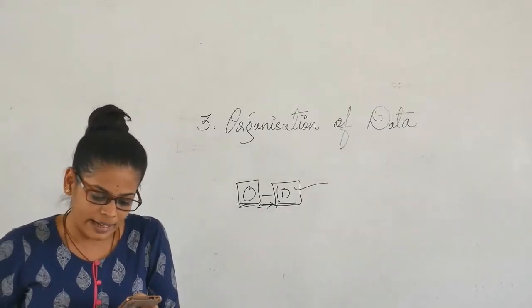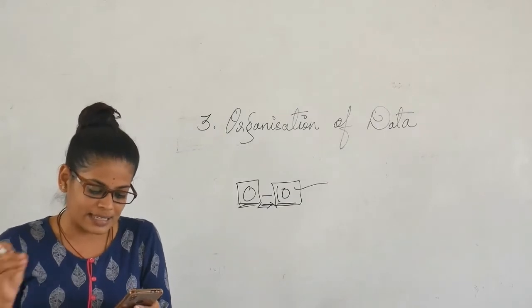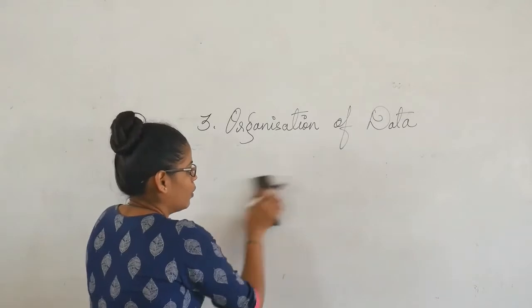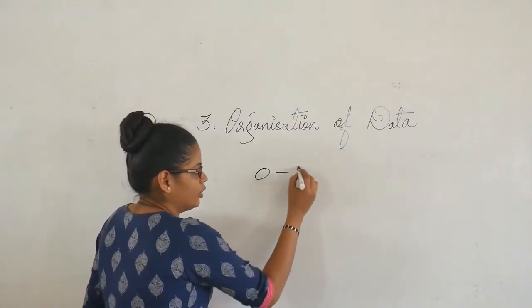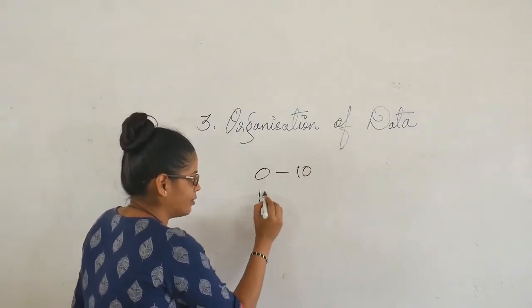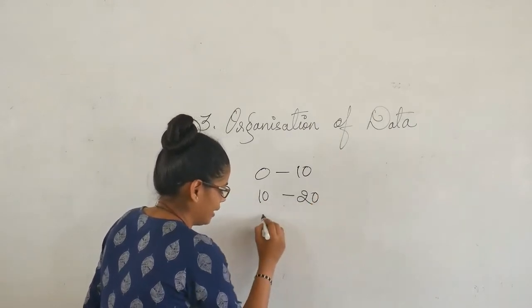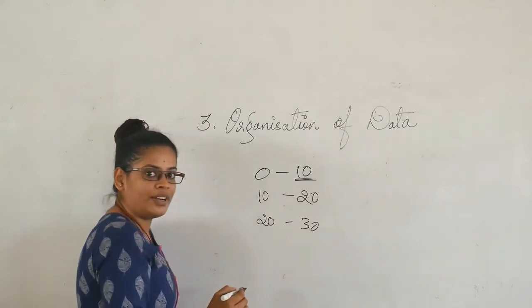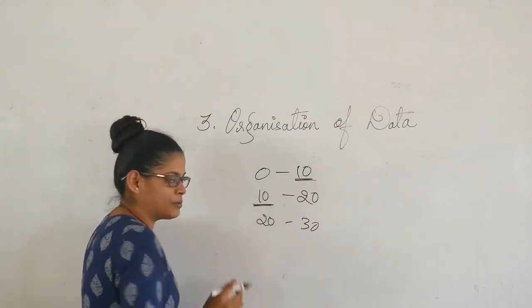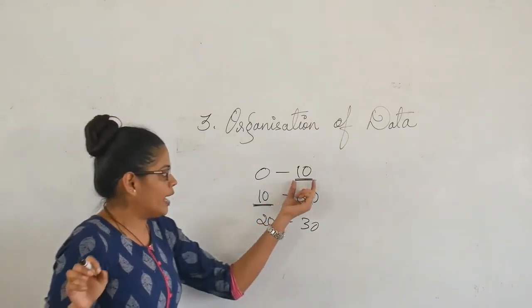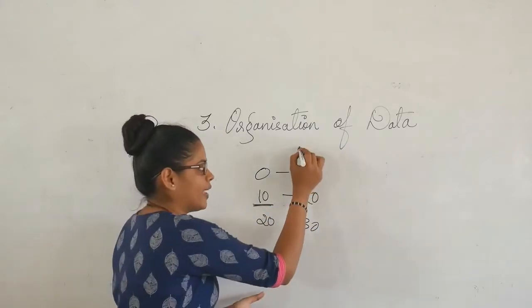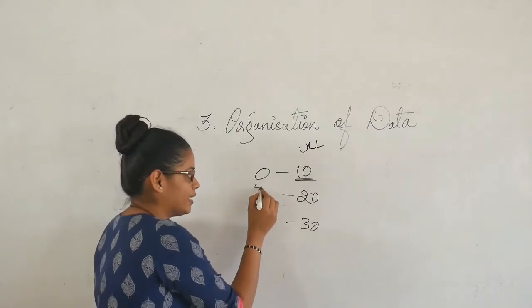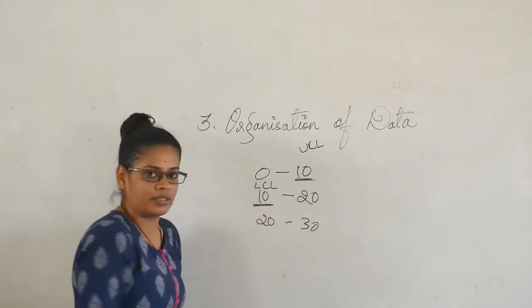Have we noticed that the upper class limit of the first class is equal to the lower class limit of the second class? For example, 0 to 10, and the next class interval will be 10 to 20. You can see here 10 is written in this class interval and also 10 is written in this class interval. In this class interval the 10 is the upper class limit, whereas here it has become the lower class limit.